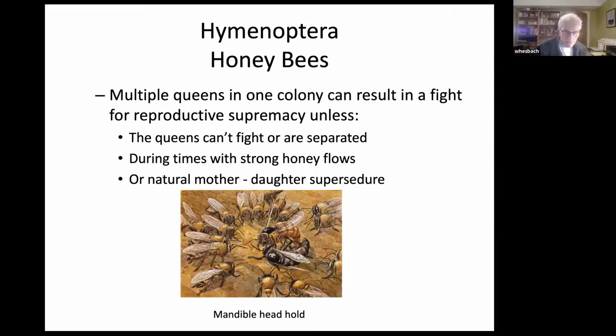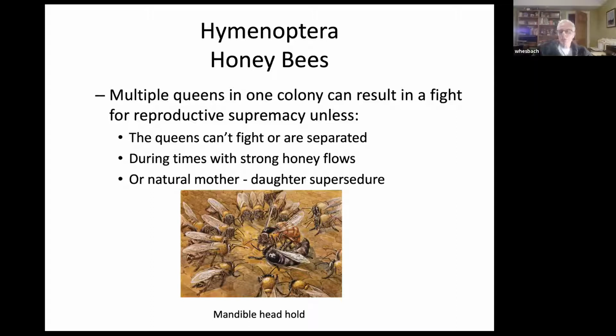Multiple queens can live in a colony if they can't fight or are separated in some way by a queen excluder or something. And other times when multiple queens will exist in a colony is during a strong honey flow, if you've gone through the manipulations to introduce two queens, and I'll discuss how that's done.